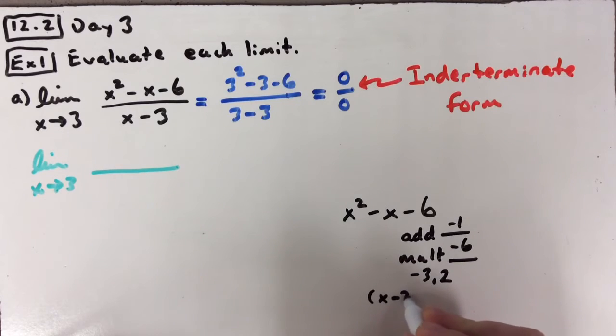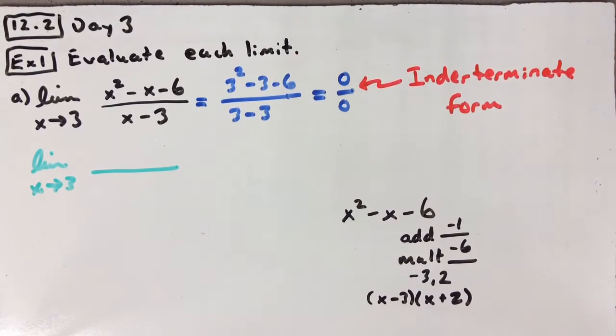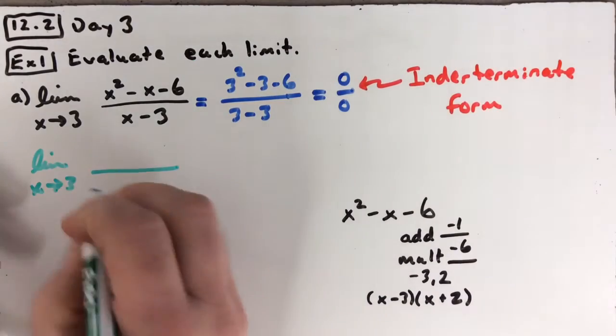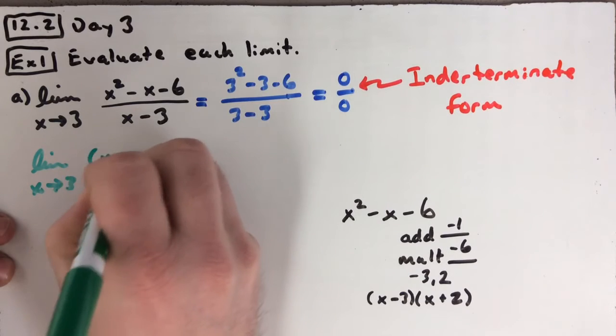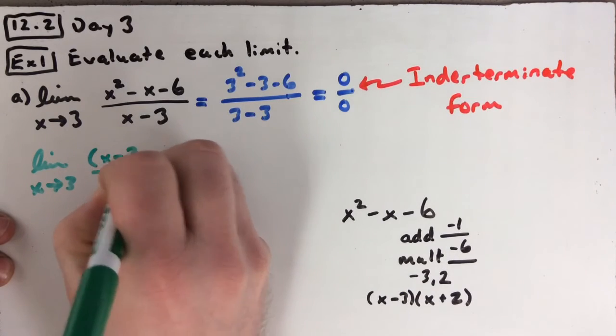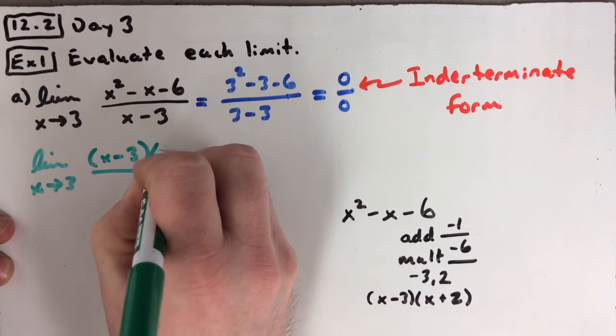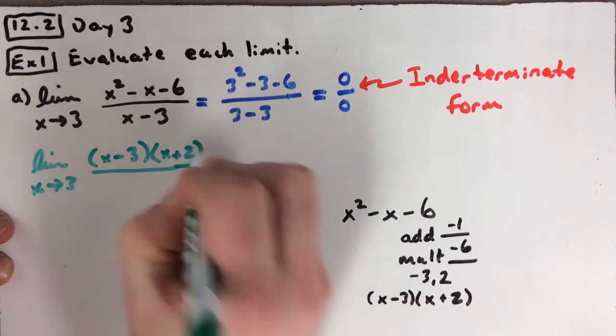So that is going to factor into an x minus 3 and an x plus 2. Again, you can completely go through and do that step in your head. You don't have to show me any work on that. But if you need to, off to the side, you could do a little scratch work to do that factoring. So our numerator, the top part of our fraction, factors as an x minus 3 and an x plus 2.